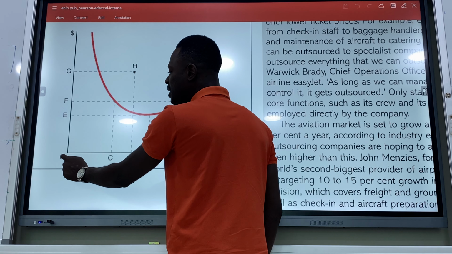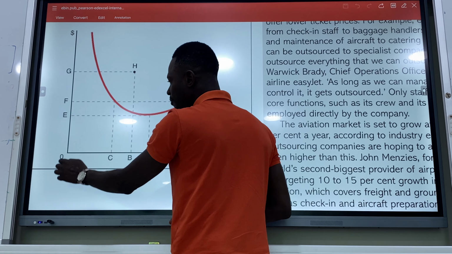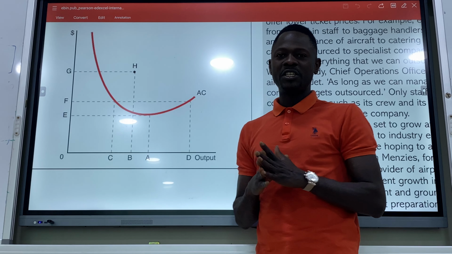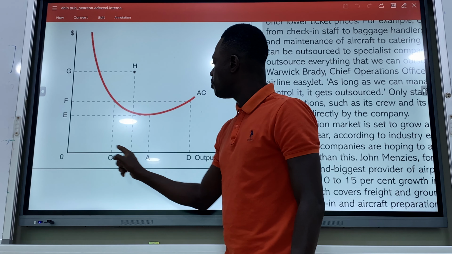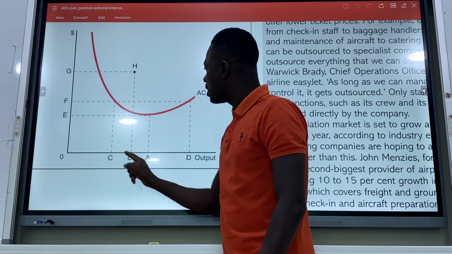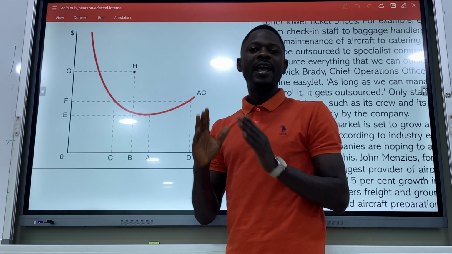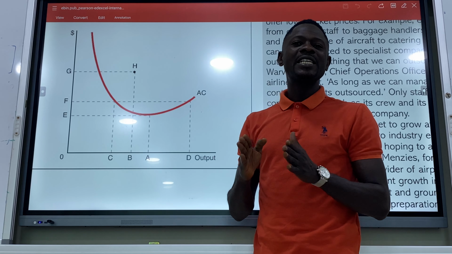But if it's still operating at the frontline of OC, the cost is OF, then there's no X-inefficiency. But if it's operating at OB and the cost is OG, there's X-inefficiency. OB, OC, OG represent X-inefficiency. OC, OF does not represent X-inefficiency.